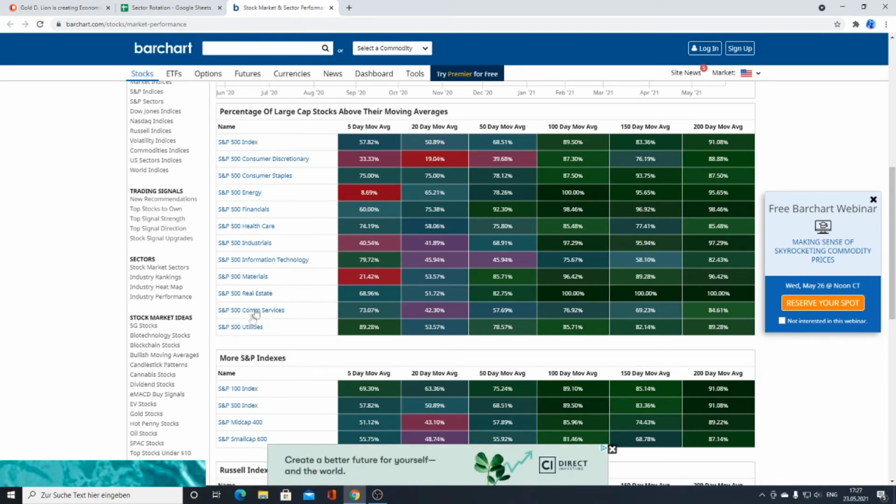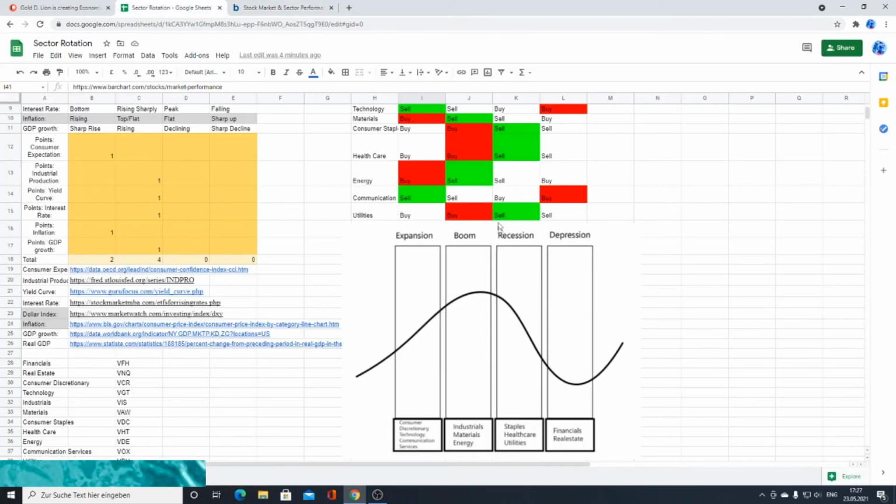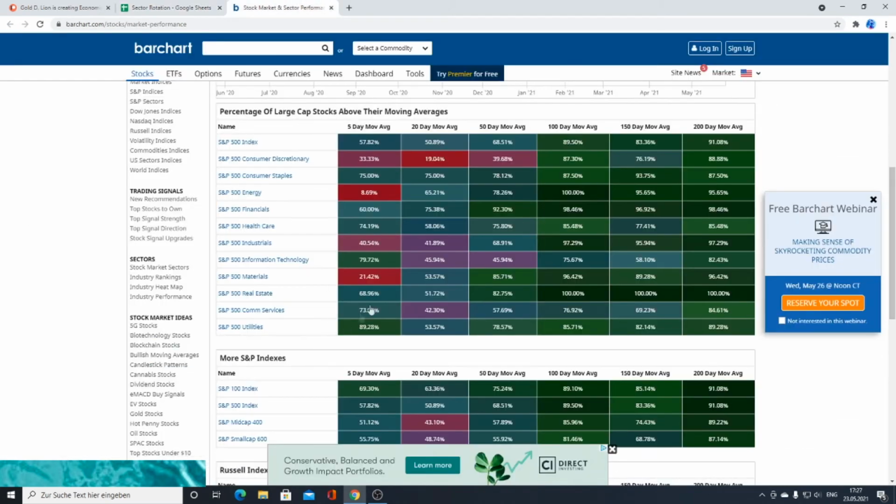And how I know this is because utilities went up, and utilities together with consumer staples are defensive sectors that go up whenever there is fear in the markets, which we can see right here. So this sharp up here with information technology, utilities, and consumer staples has something to do with basically short-term changes and short-term fear in the market because of inflation.